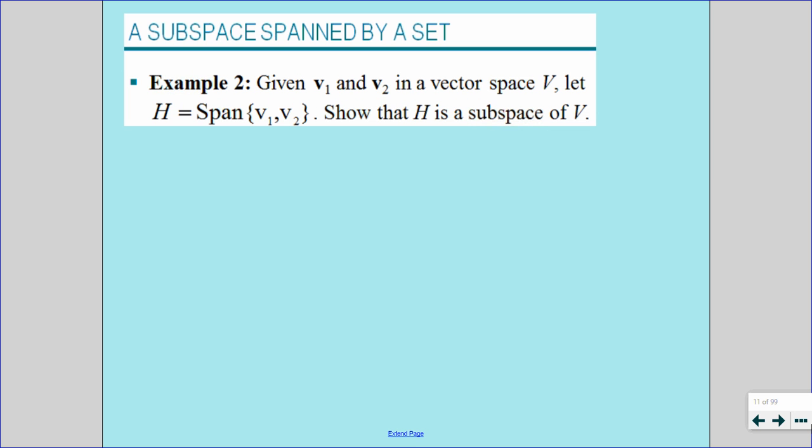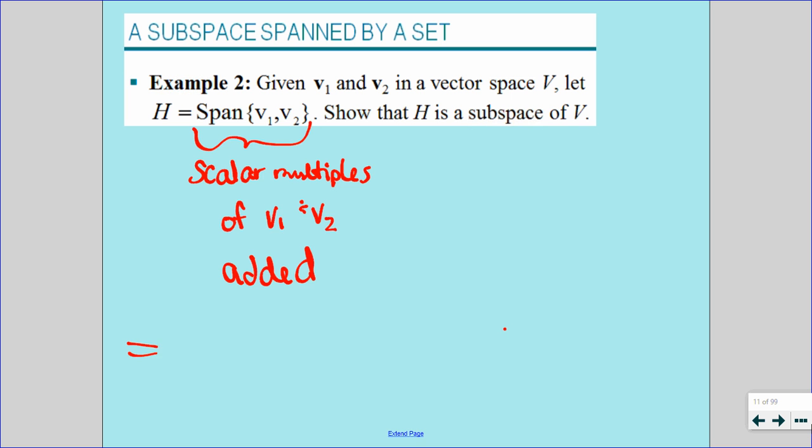All right, let's take a look at this example. It says, given V1 and V2 that are in a vector space, and we define H as the span of V1 and V2, we're going to show that H is a subspace of V. Now remember, a span means you have scalar multiples of V1 and V2 that are added to each other.